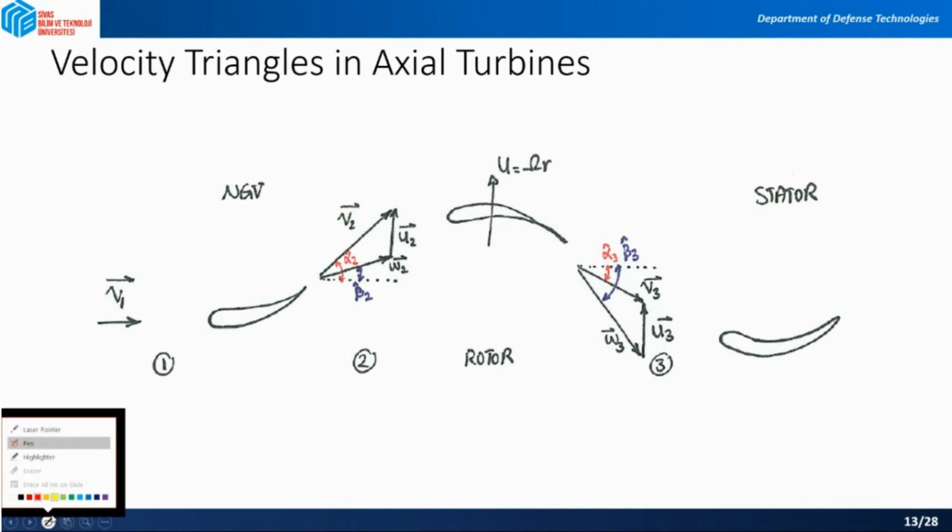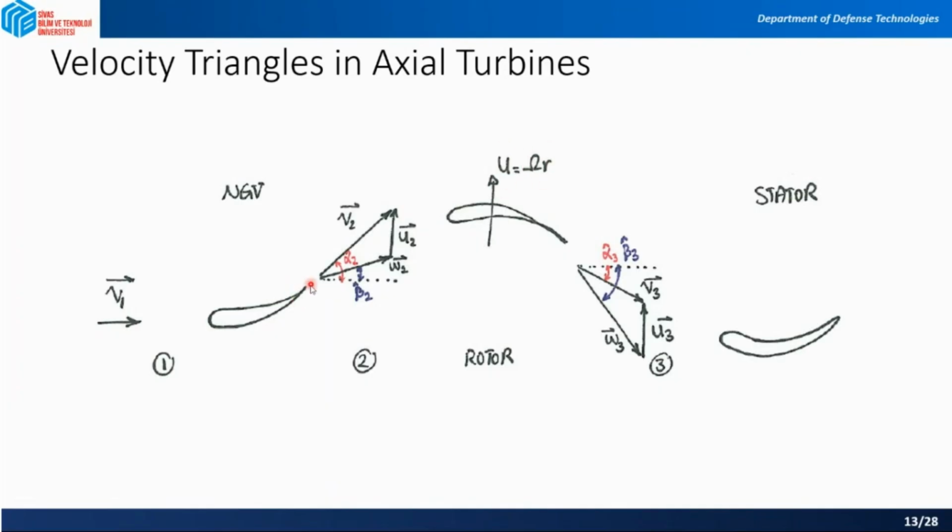In here, you have the incoming velocity, and we suppose that this velocity is in axial form. So it hits the nozzle guide vane, and this nozzle guide vane will prepare this gas angle to a desired angle with respect to the rotation of the rotor blade that is rotating with omega.